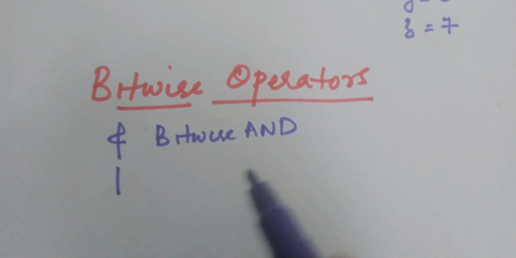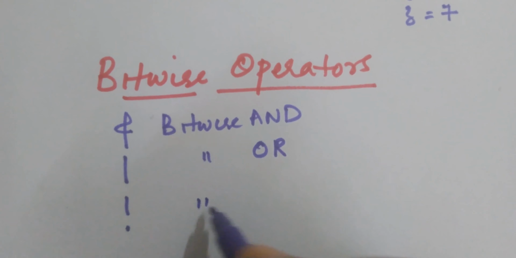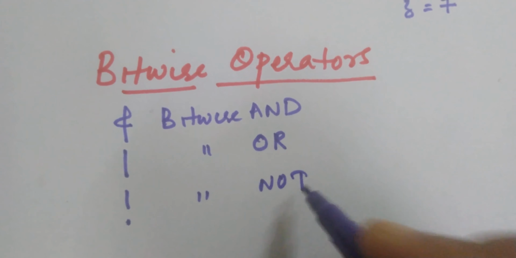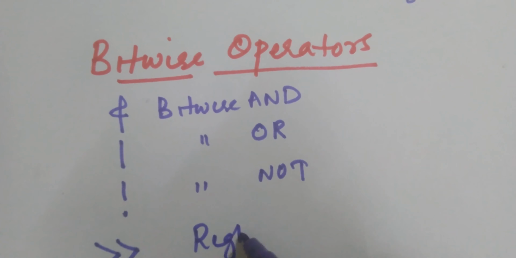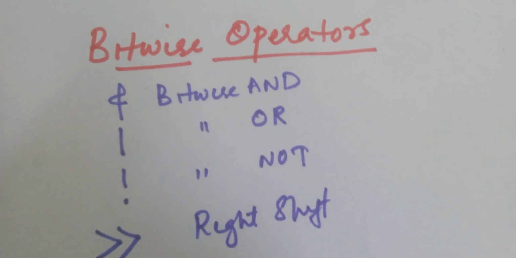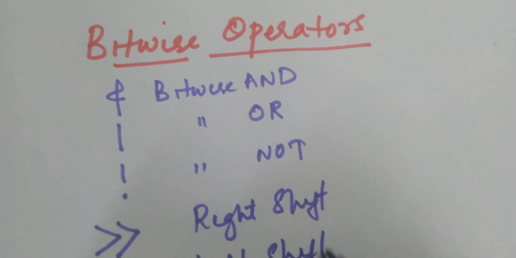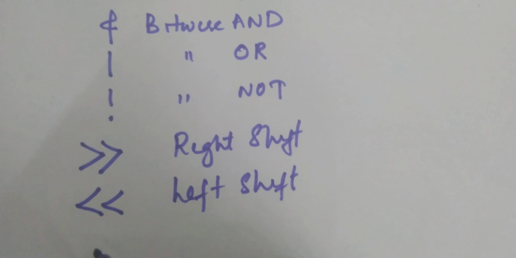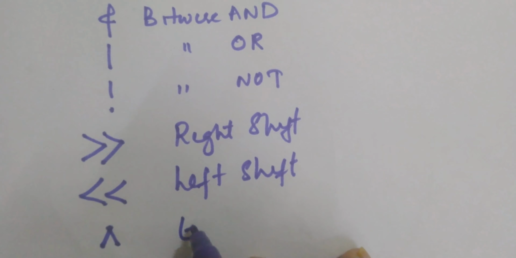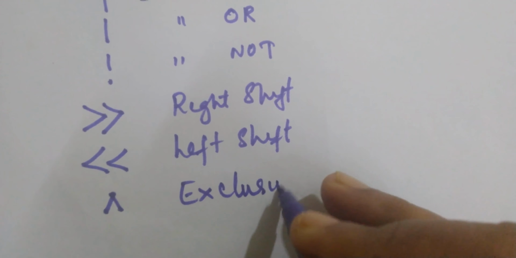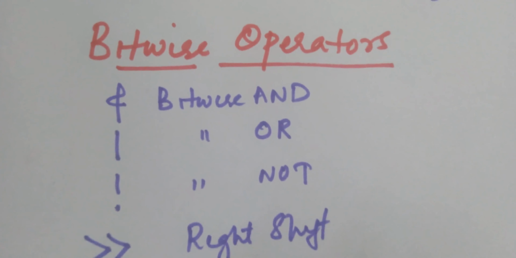Then bitwise OR, bitwise NOT, bitwise right shift operator, left shift operator, and bitwise exclusive OR. So let us see what is its function.